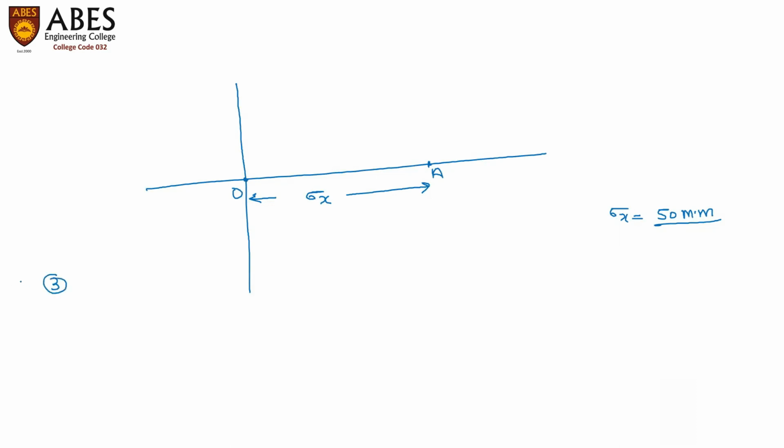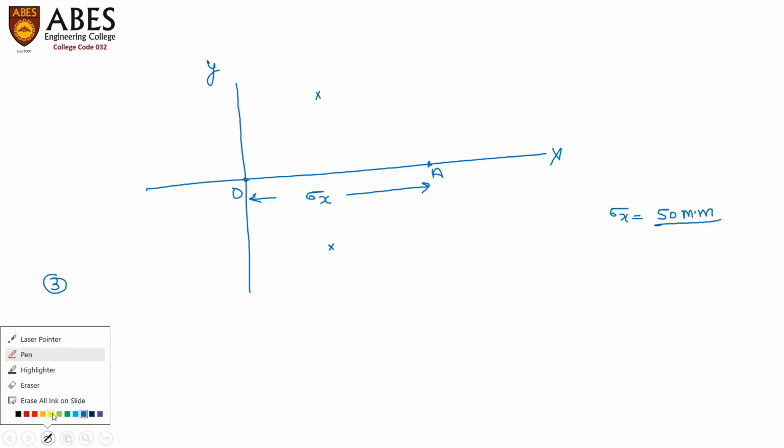First is drawing the origin as well as the xy axes. Second is scaling down the stress value on a linear scale. Third one is to bisect this length OA.